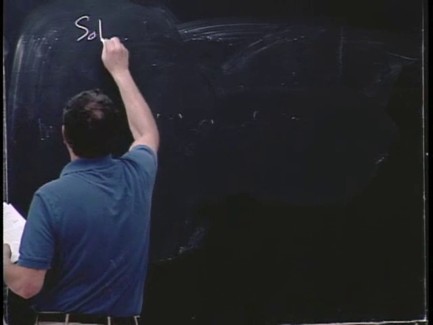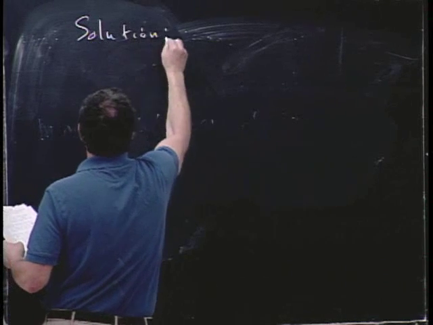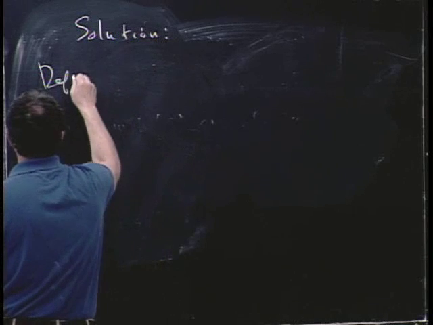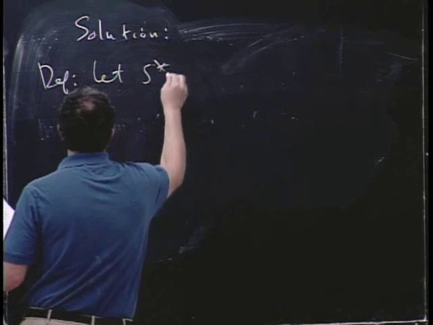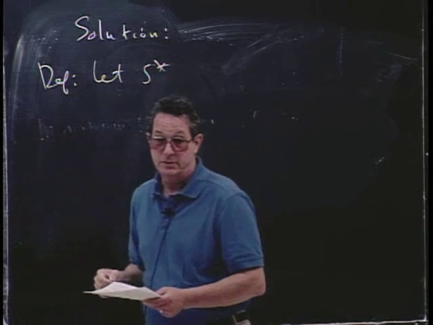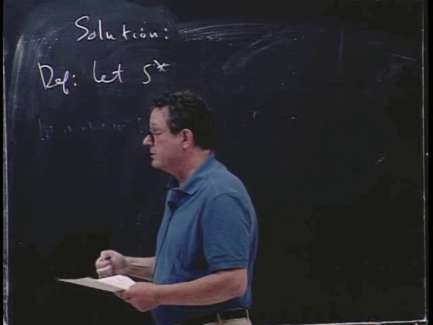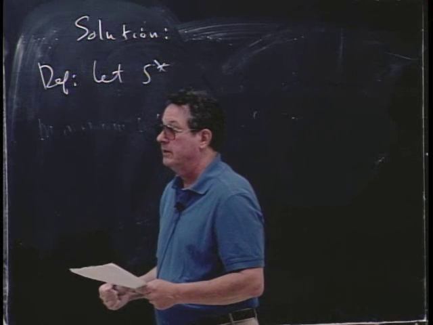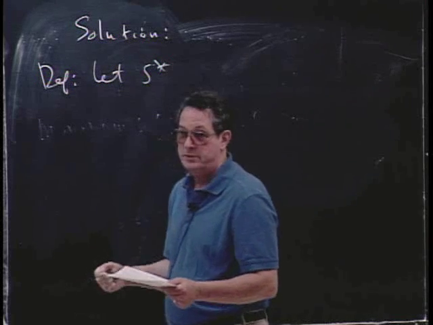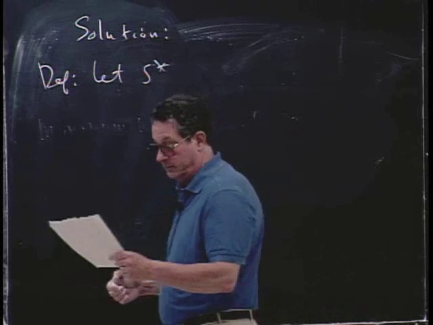So, solution. Well, in this solution, we need some definitions. First of all, we're going to let S star be the scenario that we talked about before. Okay, so S star is the scenario where the best outcome, the team with the most number of points wins W star points.